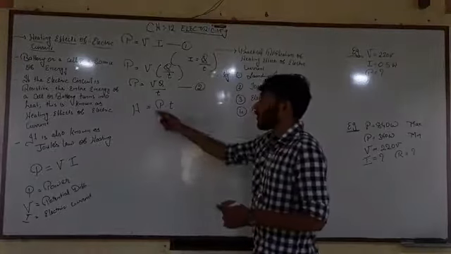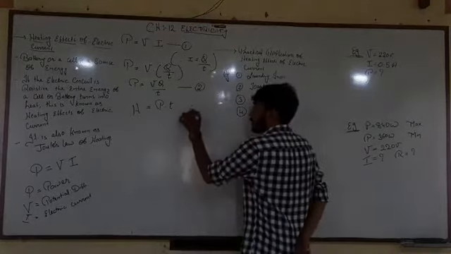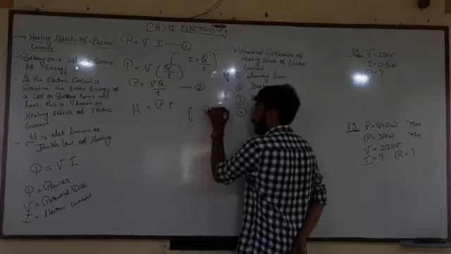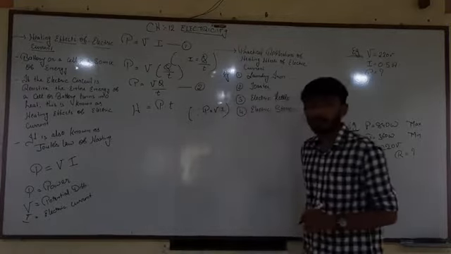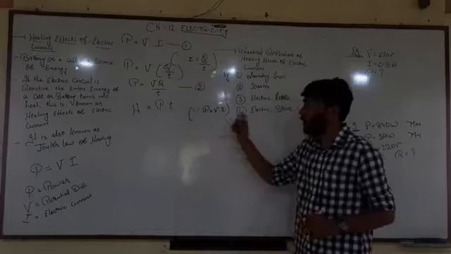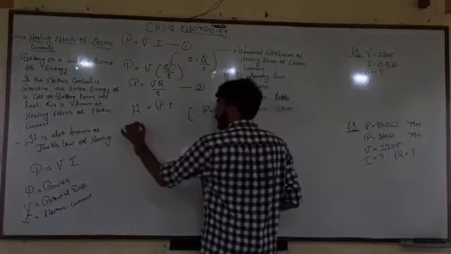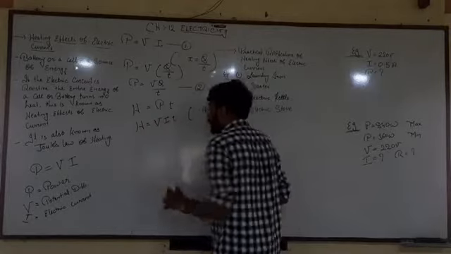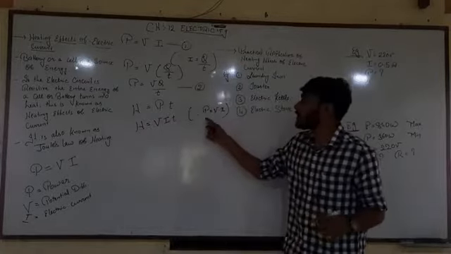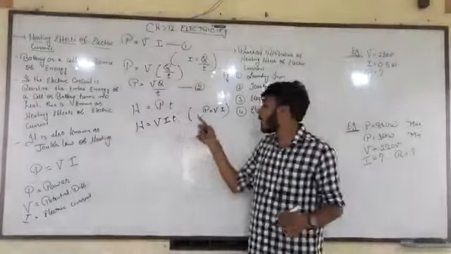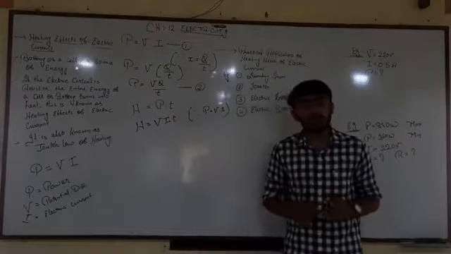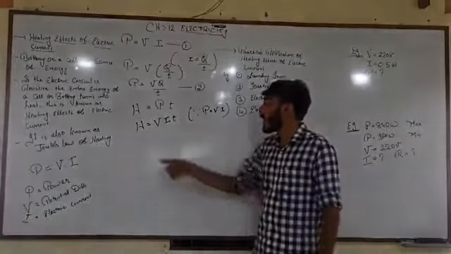Now we know the formula of power. What is the formula of power? Power is equal to VI, you can write. So instead of P we can write V dot I, and so H is equal to VIT. Students, you can see over here I have substituted the value of P, that is power, which is V dot I, so it becomes VIT. H is equal to VIT.